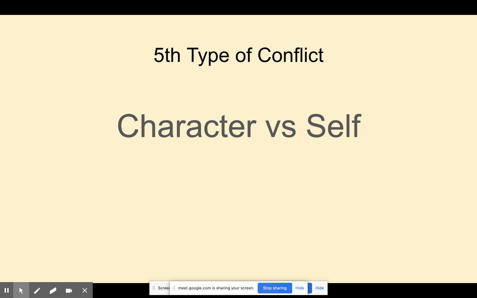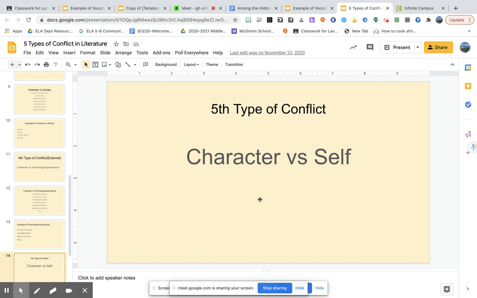We also see character versus society a little bit, because his life is being changed and he has no control over it. You saw a little bit of character versus character, right? He was beefing with his brother a little bit. So as we're reading the story, just try to pay attention to the different types of conflict and how they show themselves. All right, so we're gonna read.